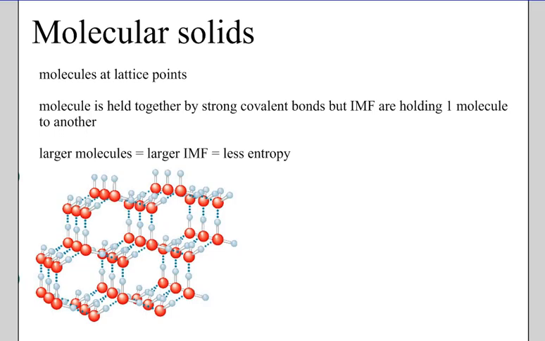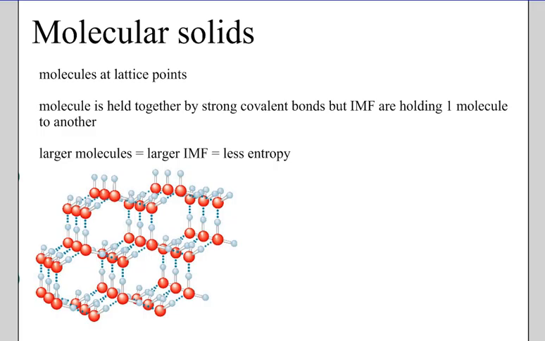Molecular solids are different than network atomic solids in the fact that there are molecules at each lattice point rather than atoms. So for example, ice or dry ice, which is solid carbon dioxide. And also in this group are things like phosphorus and sulfur allotropes.